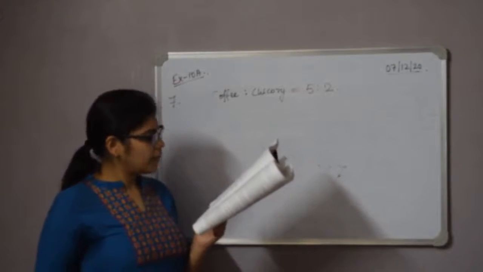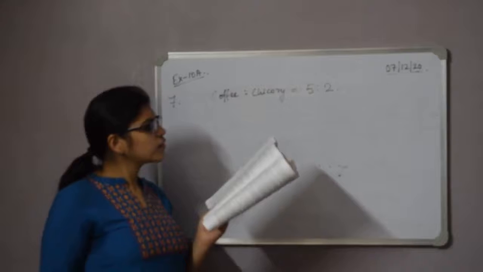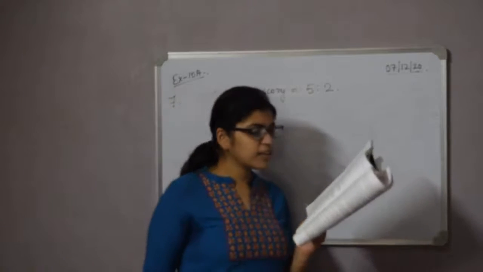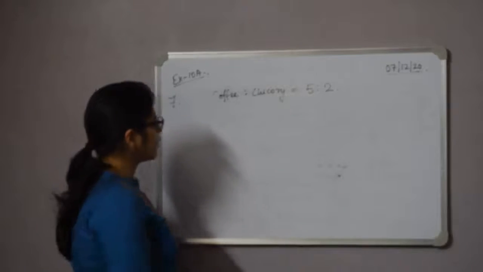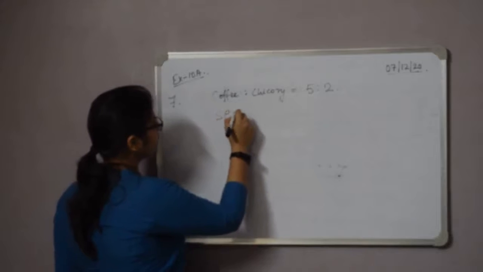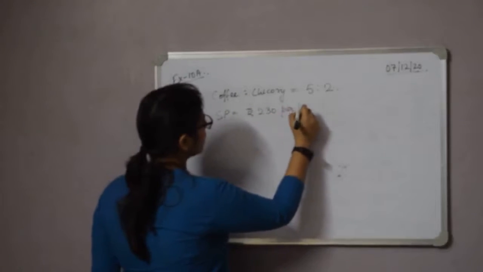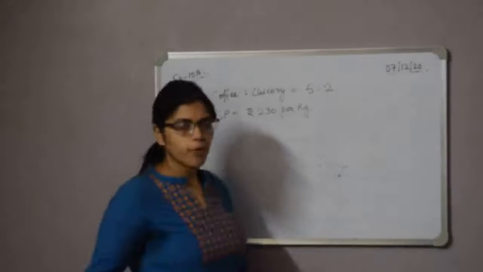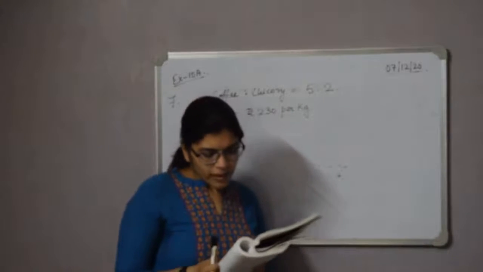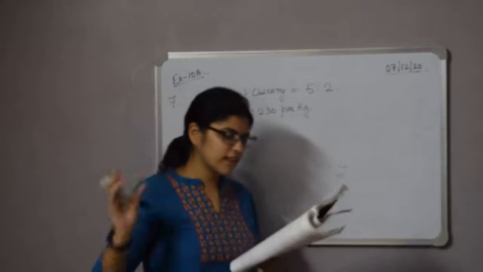So for a certain blend, if a mixture was sold at 230 per kg, so the next thing we have is the selling price is rupees 230 per kg. So what is his gain percent in the whole transaction?